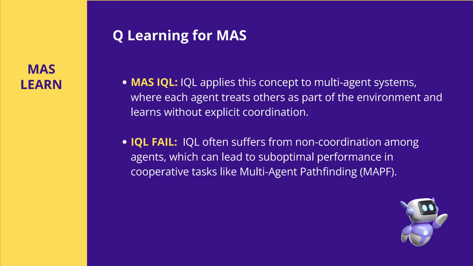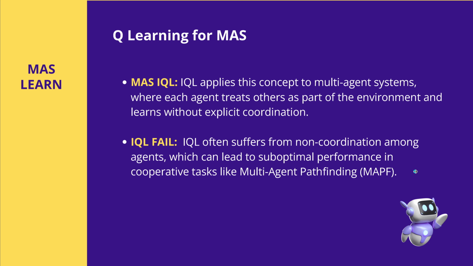If you have a dozen little robots and they have no real coordination function and they just see each other as a part of their environment that they react with, there's not a perfect coordination happening, and we have a suboptimal performance in a cooperative task like the multi-agent pathfinding if you have 12 little Amazon robots on the floor.